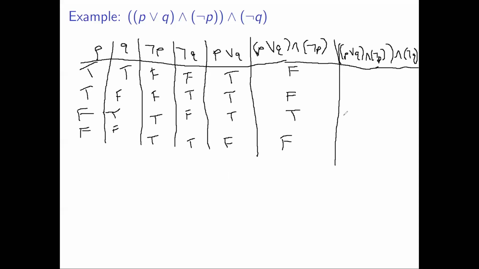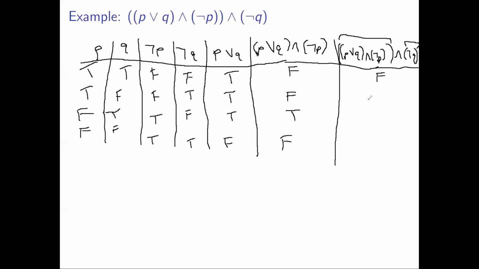And now we can move on to the last column. So last column, we have an even larger conjunction, P or Q and not P, and not Q. So our left conjunct here is P or Q and not P, and the right conjunct is not Q. So in the first row, our left conjunct is false, and our right conjunct is also false, so the conjunction's false.